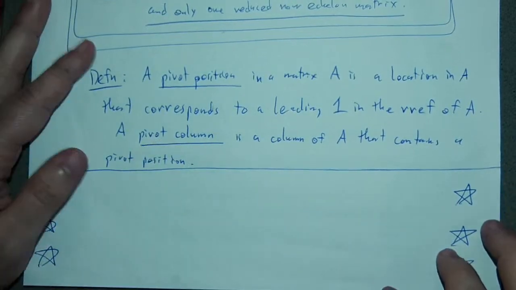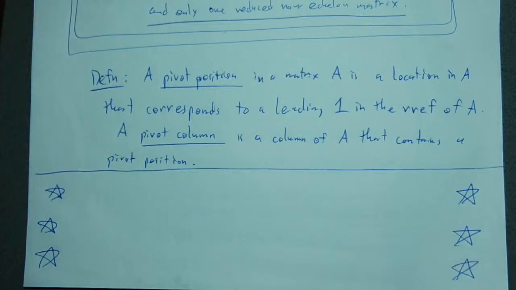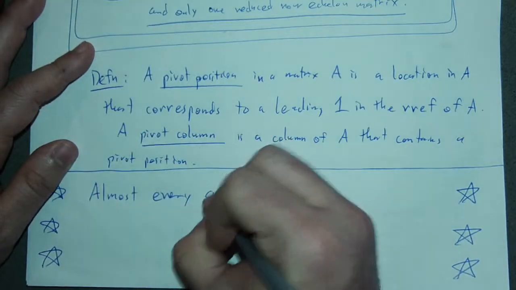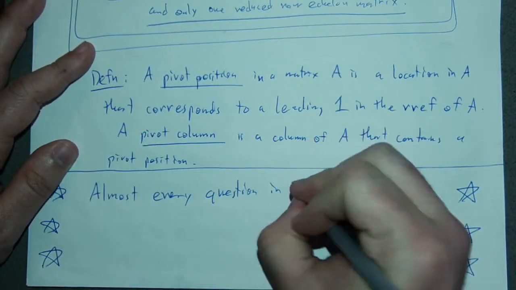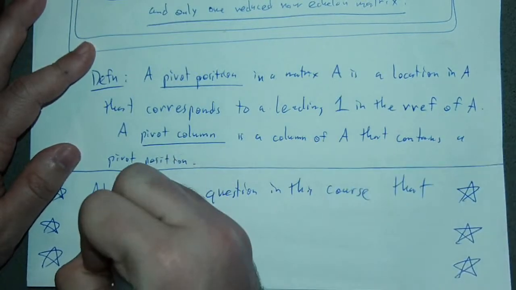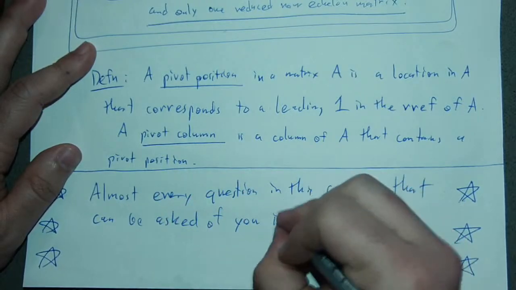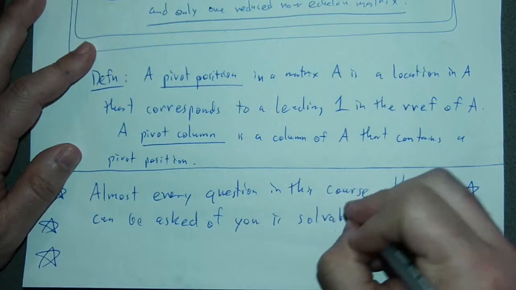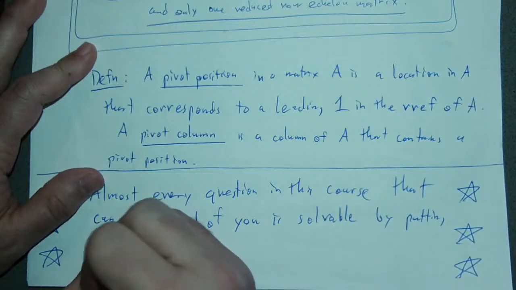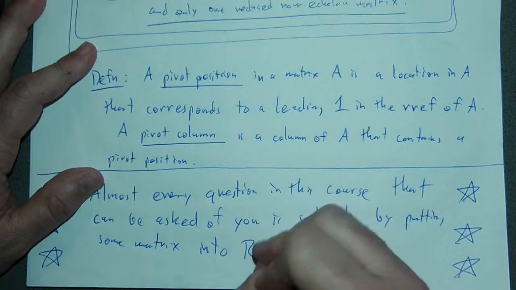For most of the course, this is the most important thing: almost every question in this course that can be asked of you is solvable by putting some matrix into reduced row echelon form.